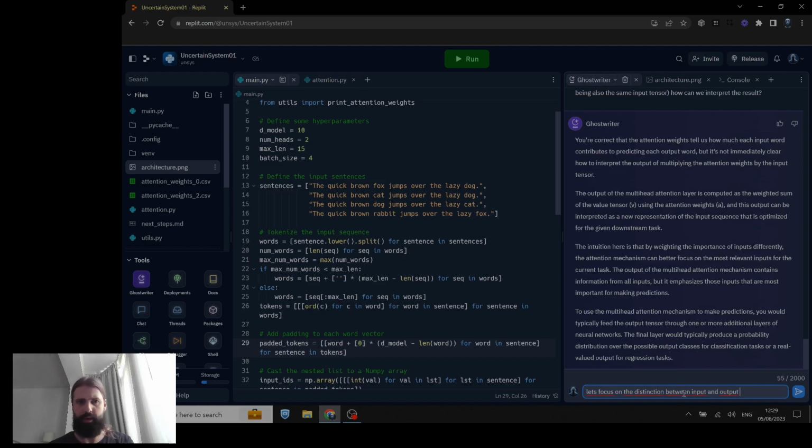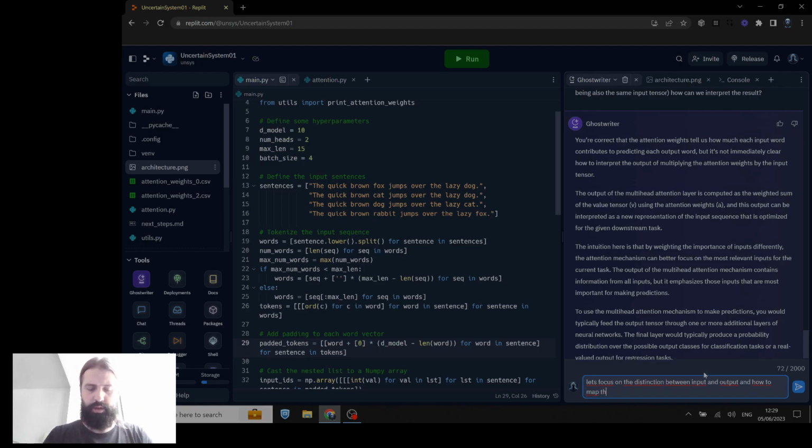Input and output, and how to map these two, Q and K then.